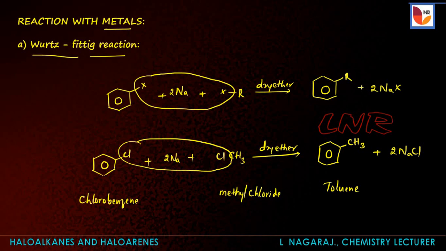When chlorobenzene reacts with ethyl chloride, that is CH3CH2Cl, the obtained product is called ethylbenzene, that is, an ethyl group attached to the benzene ring. So it is ethyl and benzene.